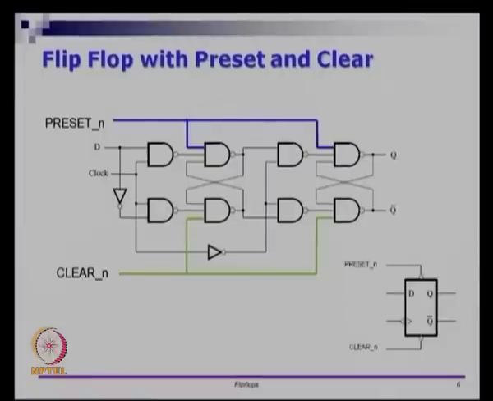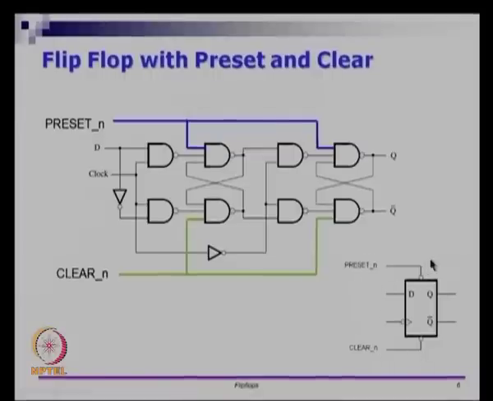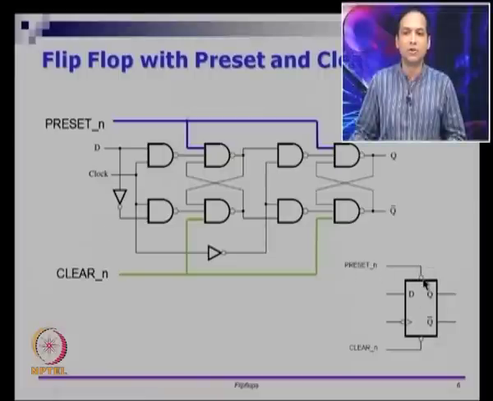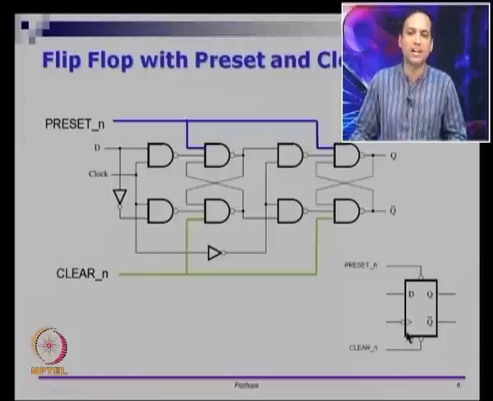The symbol for that is as follows. Typically, you put 2 different lines here, and these bubbles mean that they are negative logic. If you do not have the bubbles, then if preset is 1, Q will become 1, and if clear is 1, Q will become 0. Clearly you do not want preset and clear both to be 1 at the same time, since there is no meaning attached to it.